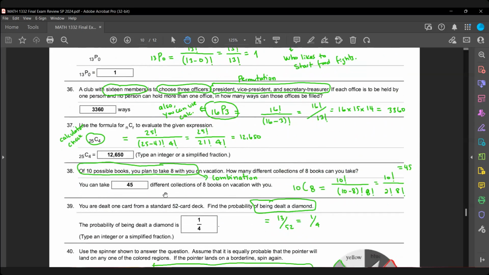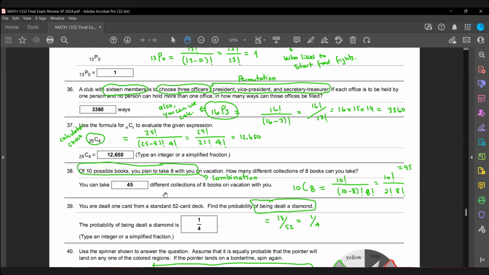38. 10 possible books, you plan to take 8 on a vacation. Well, given that in this particular case there is no sense of titles per se, it doesn't matter the order in which the 8 are chosen.